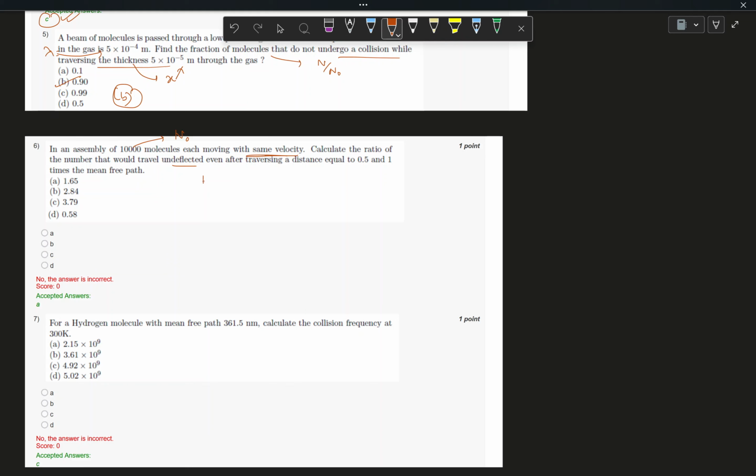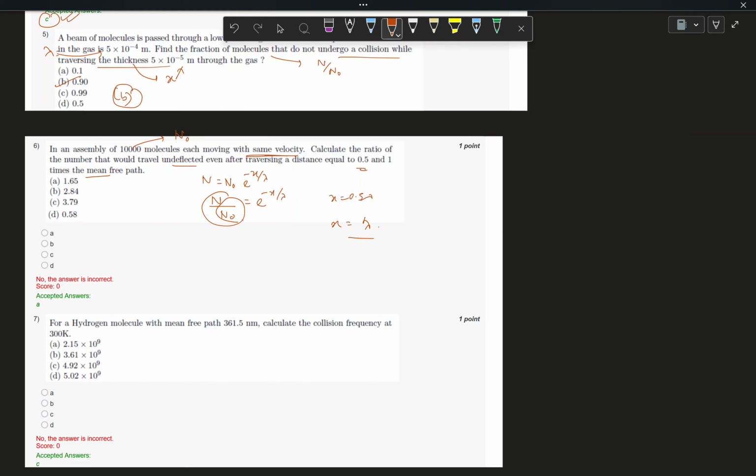So again the survival equation comes into picture, that is n equal to n naught e to the power of minus x by lambda. So the fractional number of molecules that will travel undeflected over a distance of x is e to the power of minus x by lambda. Now that distance can be either 0.5 of lambda, because it is 0.5 times the mean free path, or that distance can be just 1 times the mean free path, which is just lambda.